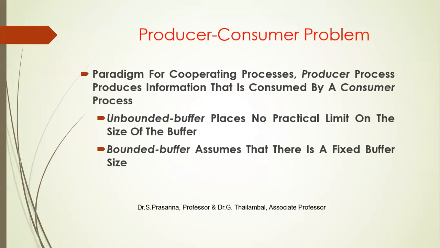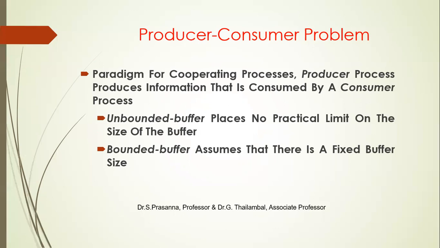Similarly, when the consumer is consuming more products and the producer cannot meet the expectation of the consumer, that is also a problem. So everything should be in a correlated way. For that, two types of buffers are used: the unbounded buffer and the bounded buffer. In an unbounded buffer, the producer can produce any number of items and the consumer can consume any number of items.